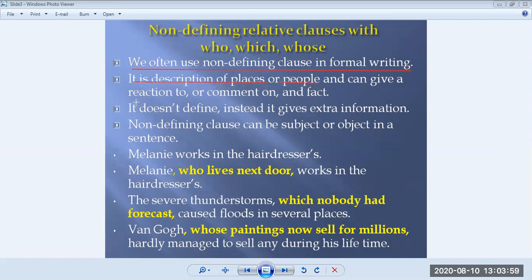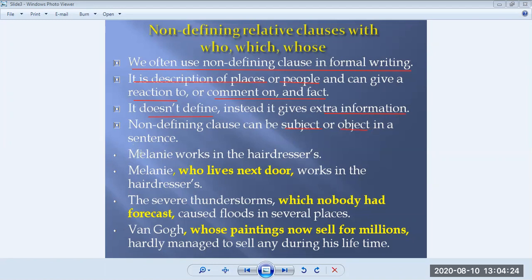It can give a reaction or comment on a fact. It doesn't define. Instead, it gives extra information. Also, a non-defining clause can be subject or object in a sentence.